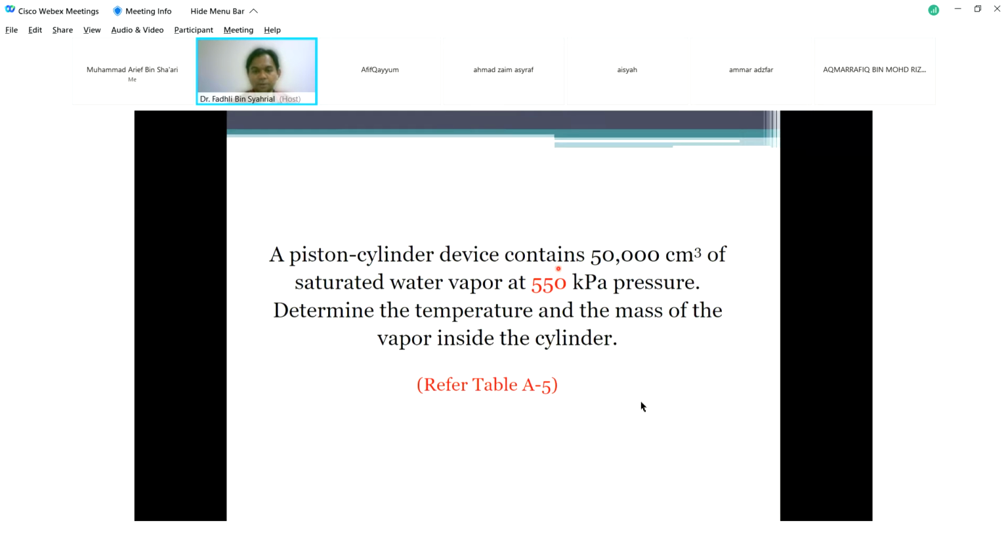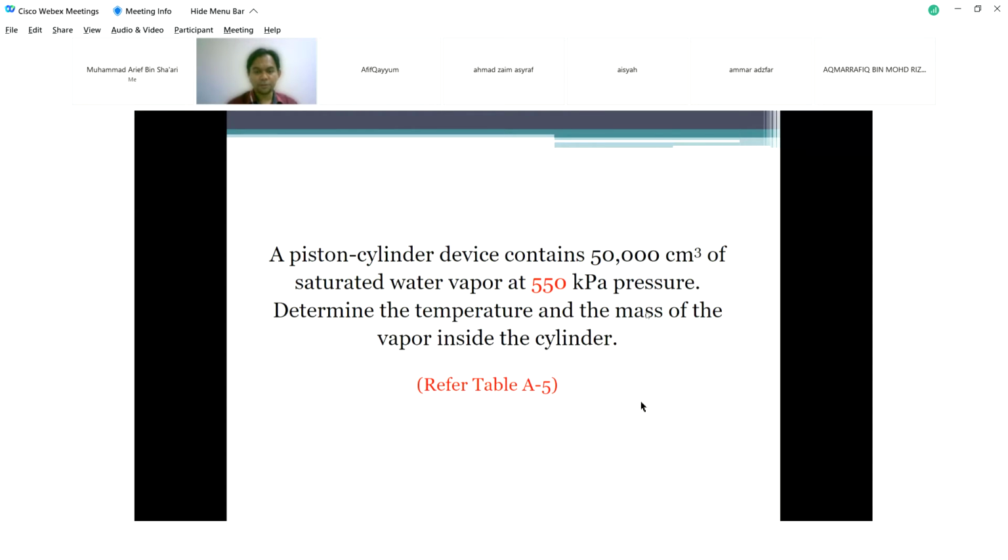So now, since pressure is given at 550 kilopascal, then have to look at table A5, not table A4. A4 for the temperature. If temperature is given, look at table A4. But now, in this case, pressure is given. So we have to look at pressure table.